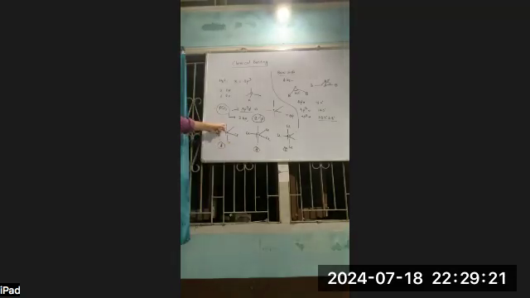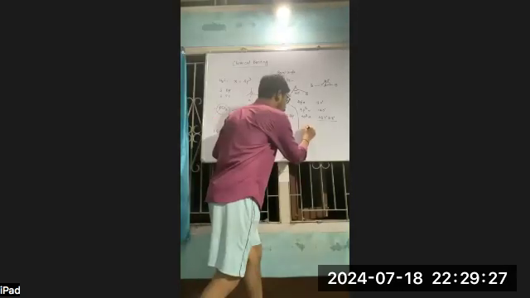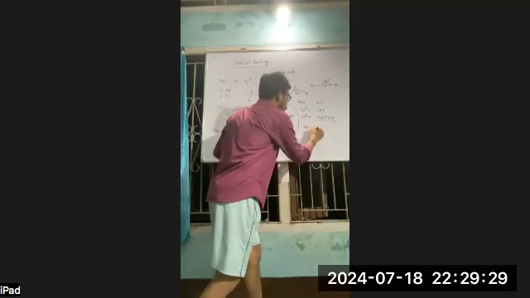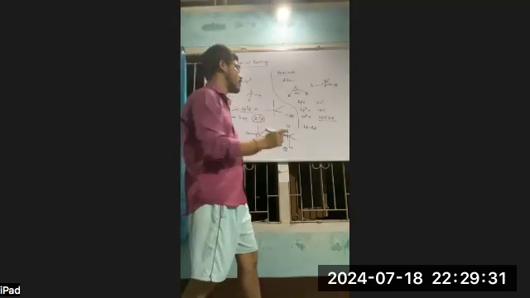We know from VSEPR theory that lone pair-lone pair has maximum repulsion, then lone pair-bond pair, then bond pair-bond pair.